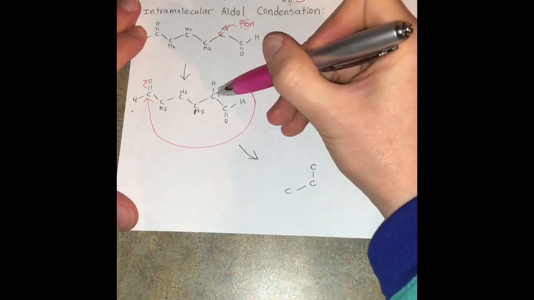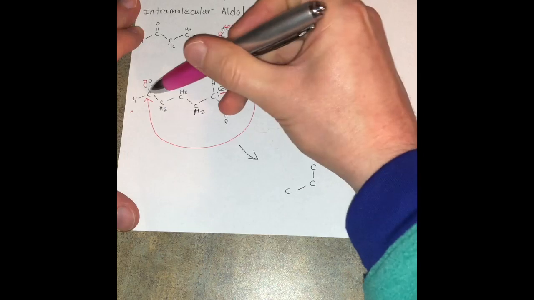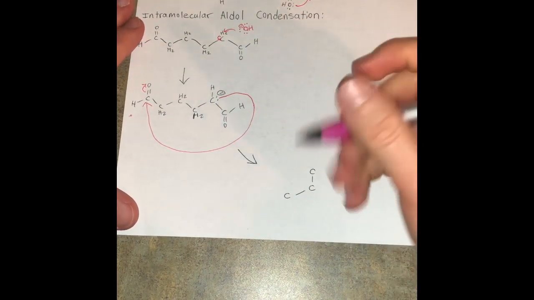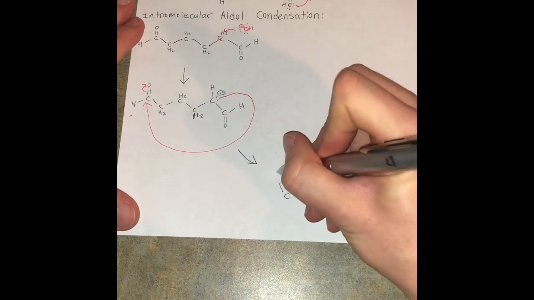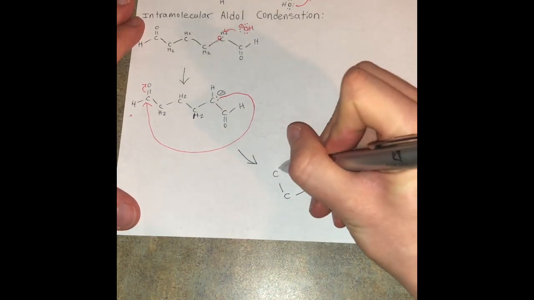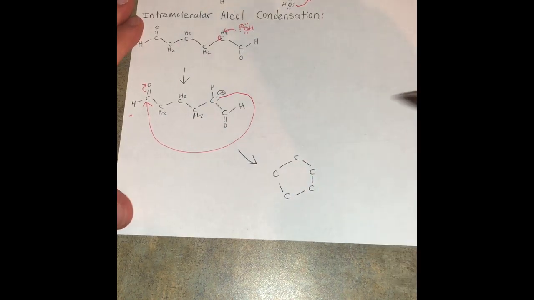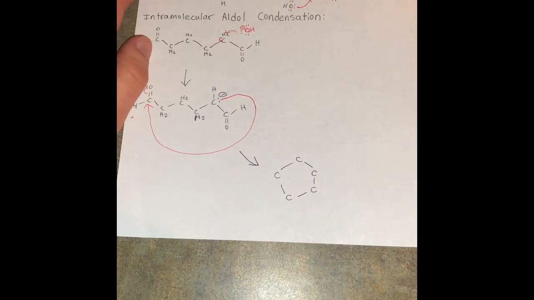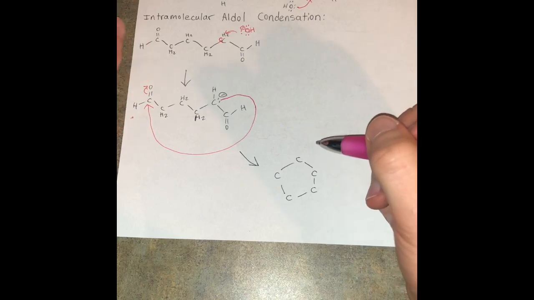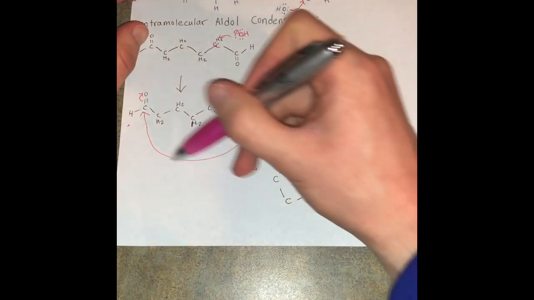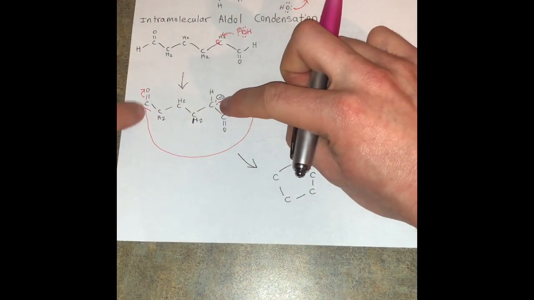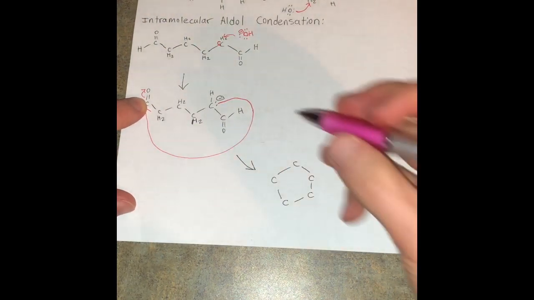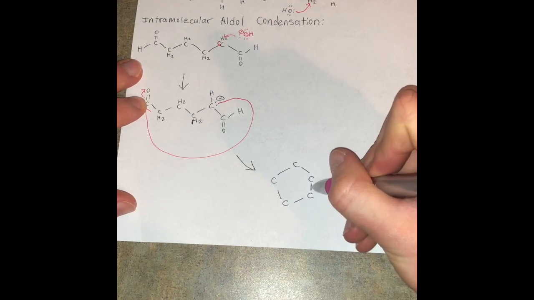So we have a 1, 2, 3, 4, 5 carbon ring. So I'm going to draw up my 5 carbon ring down here. And then this red arrow is going to be a bond between these two carbons. Let's call that this bond right here.